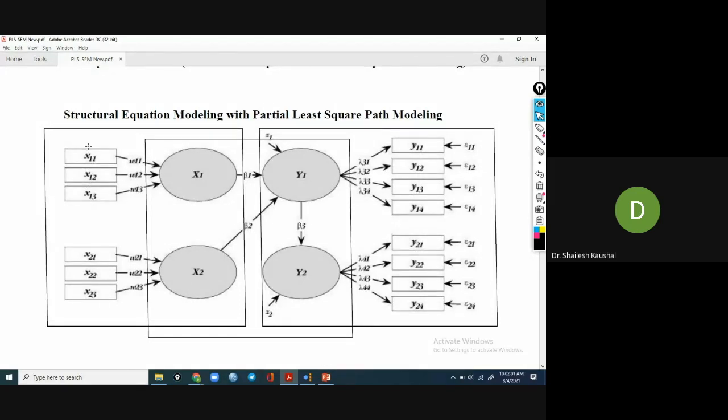And y1 and y2 are two constructs. Endogenous means a combination of three or more dependent variables.